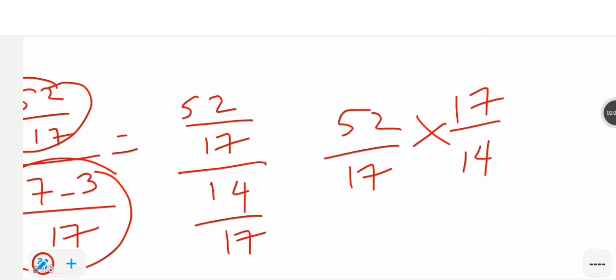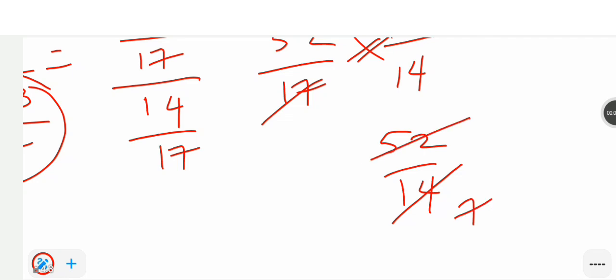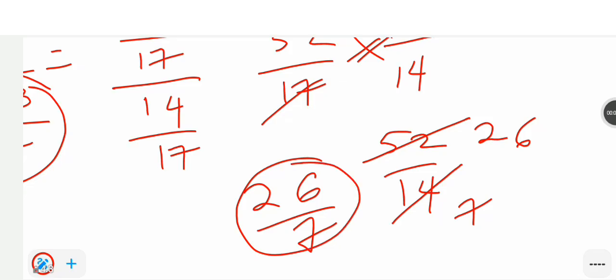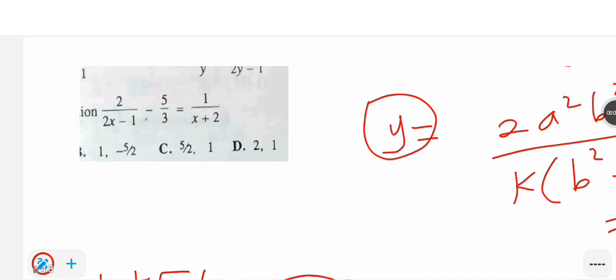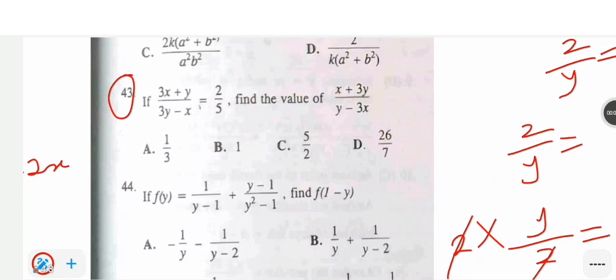These two will cancel out. Then you have 52 over 14. Dividing by 2, 14 becomes 7 and 52 gives you 26. So the answer is 26 over 7. So check it out, you can see it right there, 26 over 7.